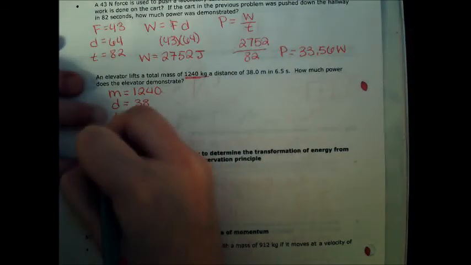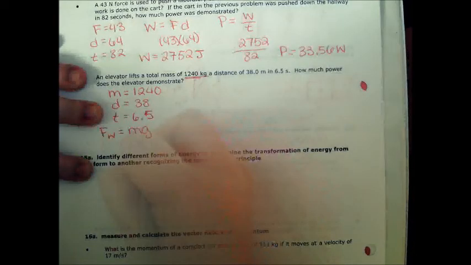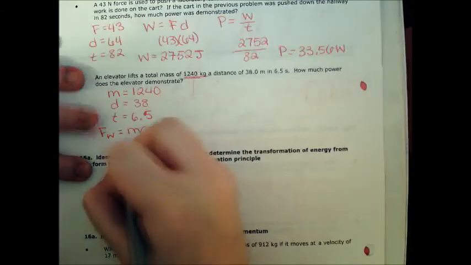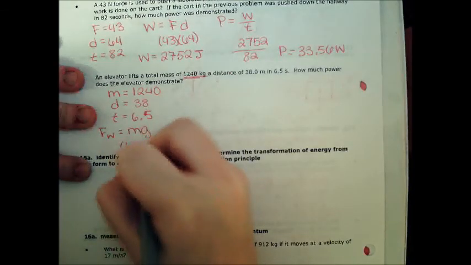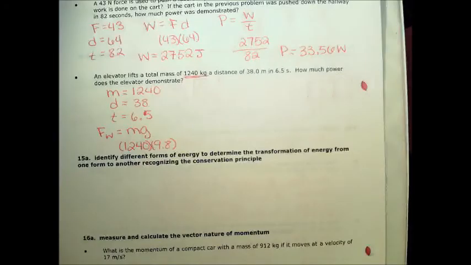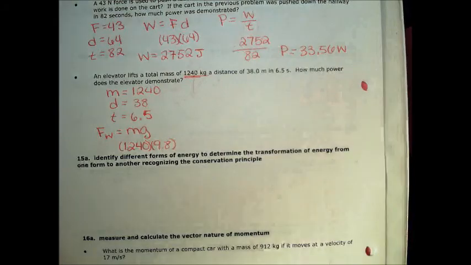Okay, so you have to make the connection that the force here is going to be the weight of the object, which is mg. So the first thing we have to do is 1240 times 9.8. Since Miss Morrison's key is actually wrong, I'm going to have to pull up a calculator.